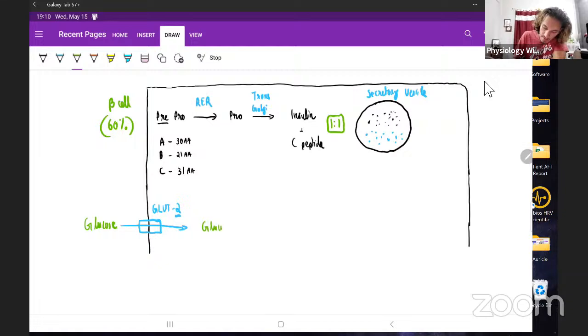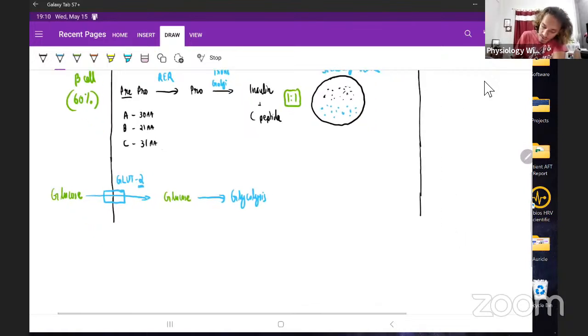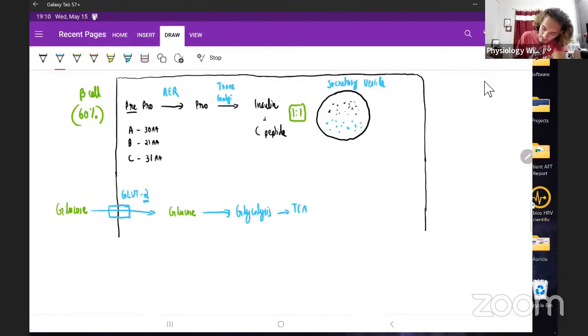Now, glucose is inside. Glucose now gets utilized for your glycolysis. After glycolysis, your TCA cycle, and you finally have ATP being formed. So at rest, when glucose is not there, you have a particular transporter over here, which is a potassium ion channel.